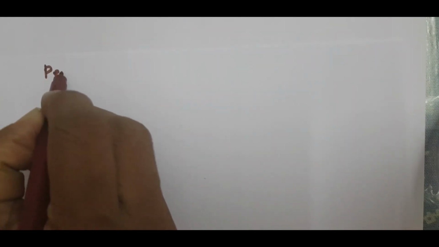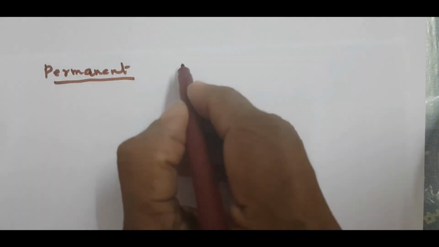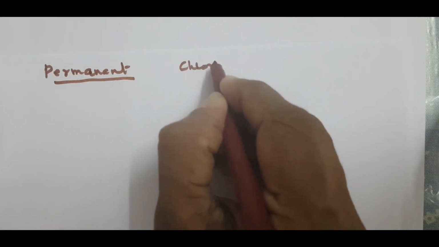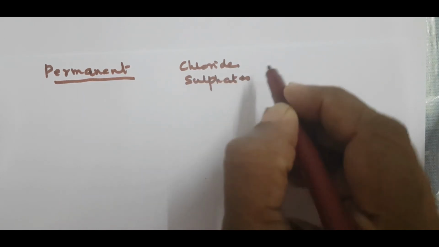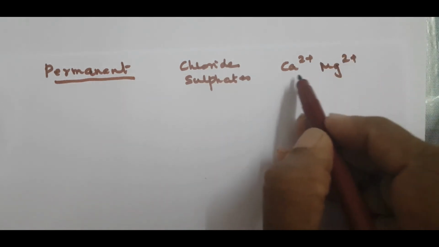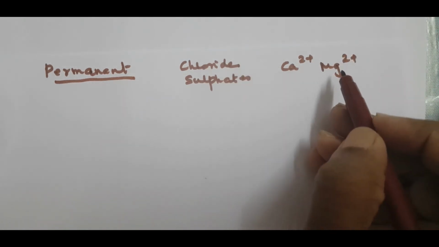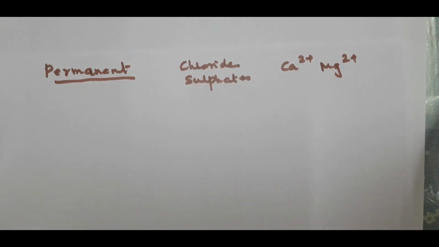We know, I already told you, the permanent hardness is due to the chlorides and sulfates, isn't it? The chlorides and sulfates of what? Calcium and magnesium. So this calcium chloride or calcium sulfate or magnesium chloride or magnesium sulfate is responsible for the permanent hardness of the water.